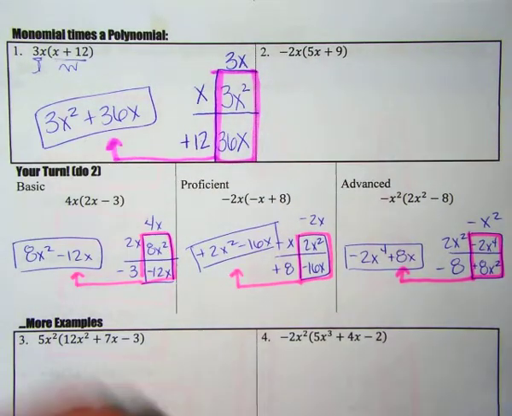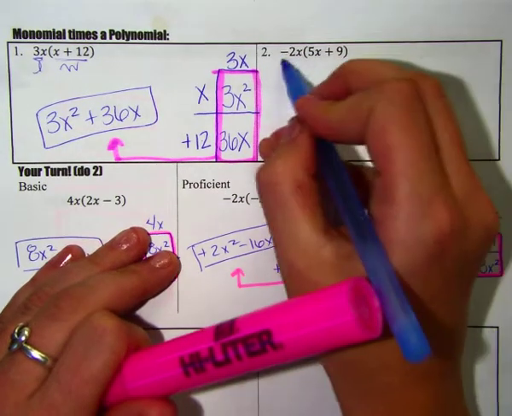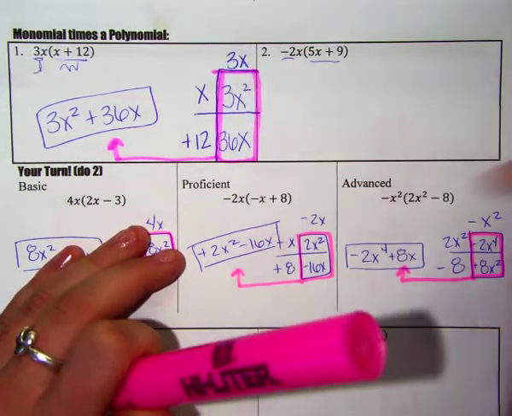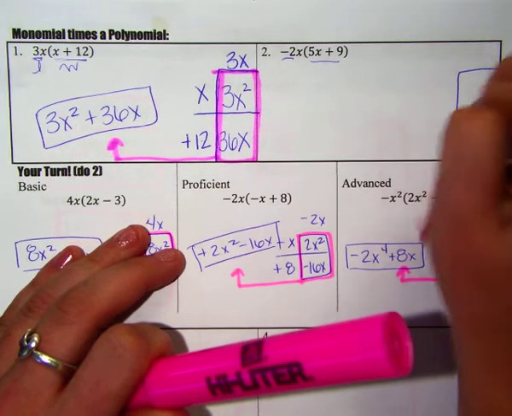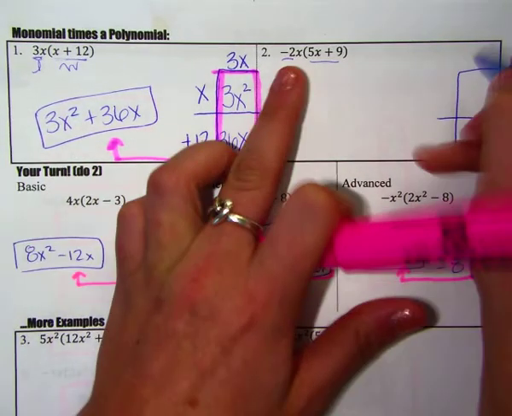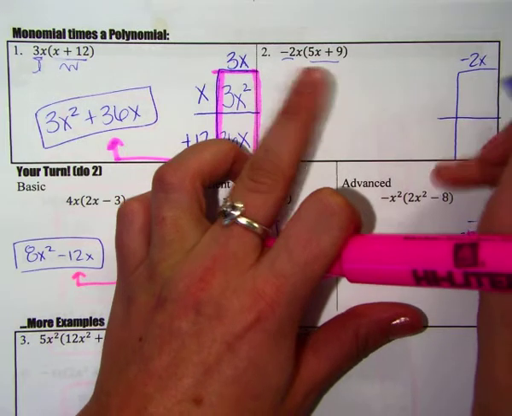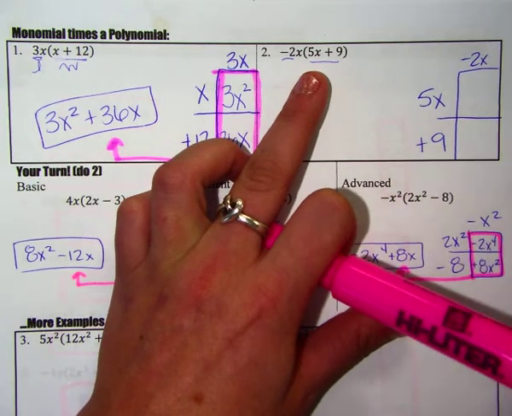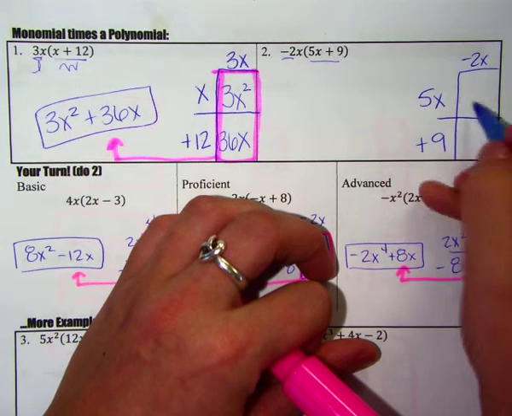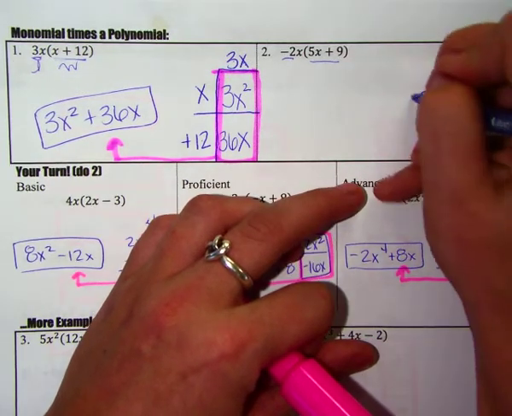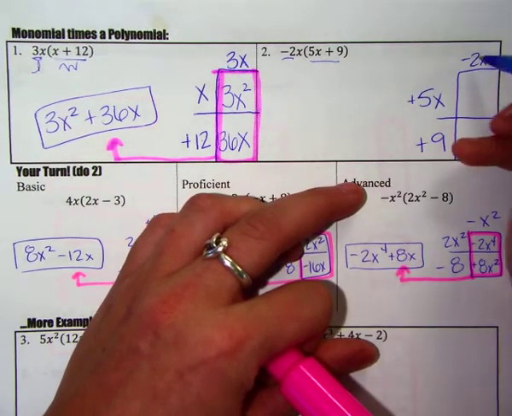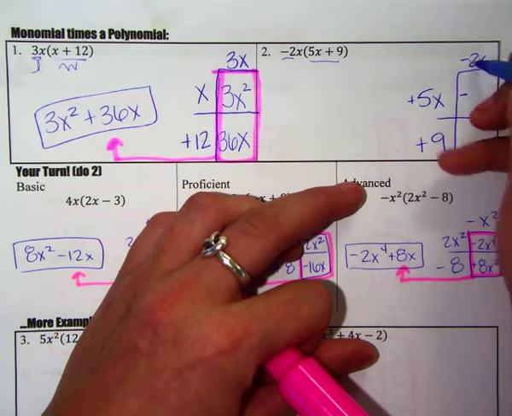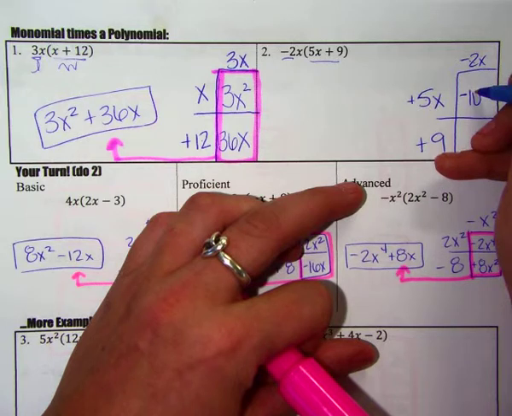Okay. Same thing for number 2. This is a monomial times a binomial, so I know it's going to be a 1 by 2 box. The length is negative 2x. The width is 5x plus 9. To find the area of this box, and I really like the box method because it slows down our method, it'll be a negative times a positive, which is a negative. 2 times 5, which is 10.